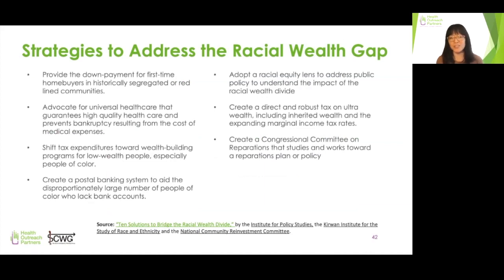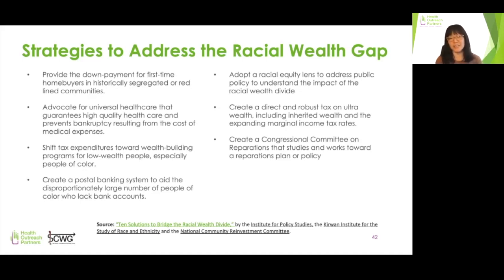Here are some strategies that have been suggested as a way to address some of the racial wealth gap. And one here is, perhaps providing these down payments for first-time home buyers in places that were historically segregated or redlined, advocating for universal health care, perhaps creating a postal banking system where we're using the postal system as places where people can do financial services.